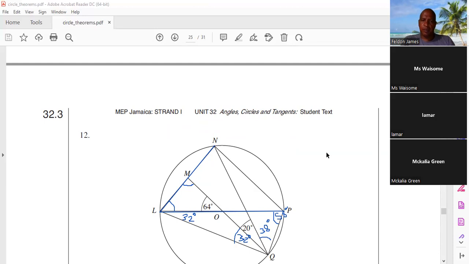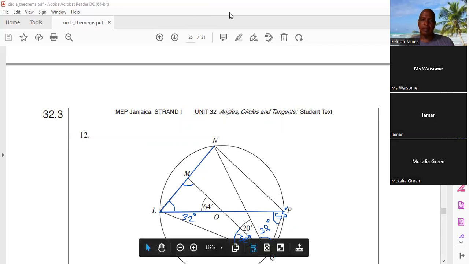Which angle are we looking at again? NLP. NL? Yeah, NLP. And that would be in a semicircle by itself, sir. Well, that would be just the base of the angle forming the semicircle.